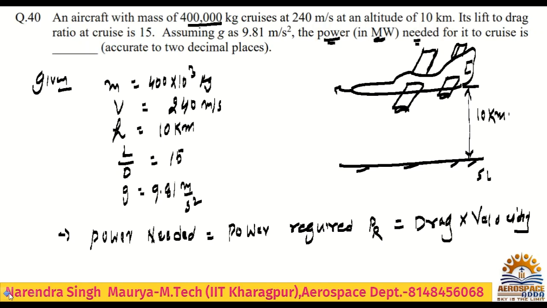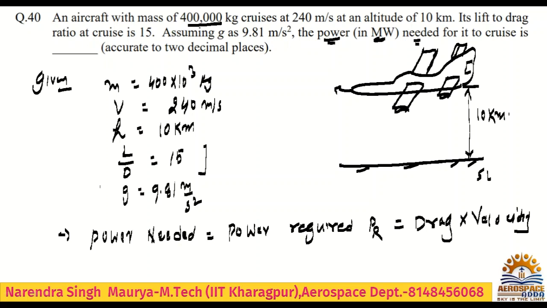So how to get the drag? See, they have given the L by D ratio. From here you can calculate drag, but you should know the lift. If you know the lift, then automatically you can calculate the drag force. So how can you get the lift force?